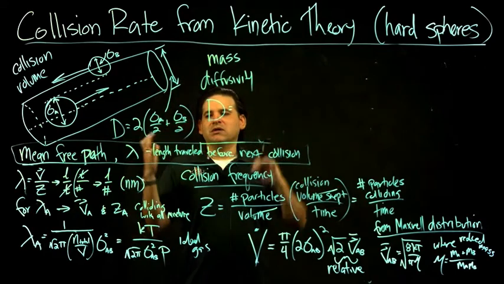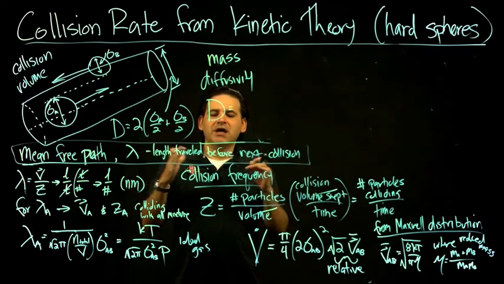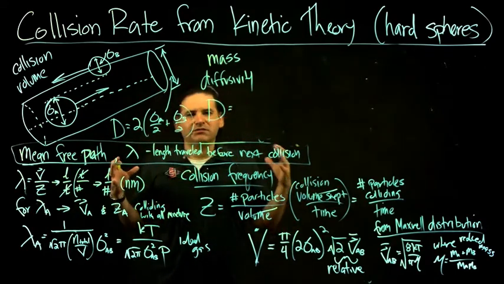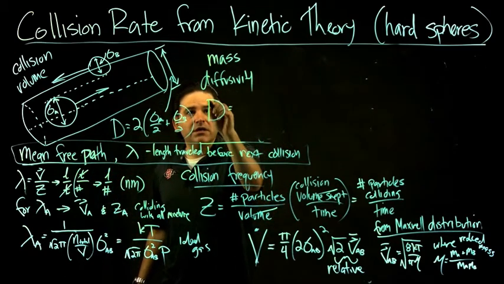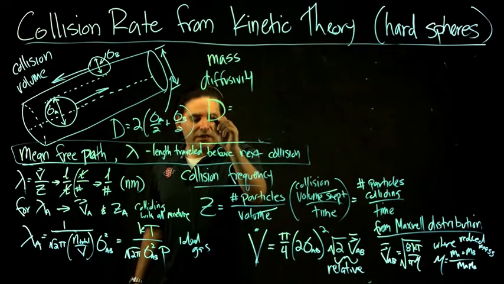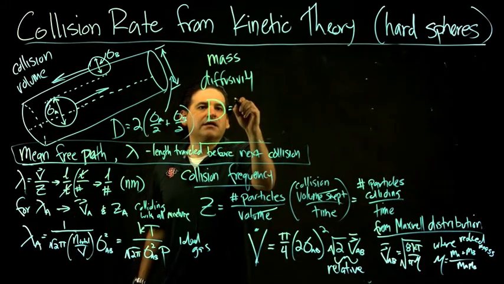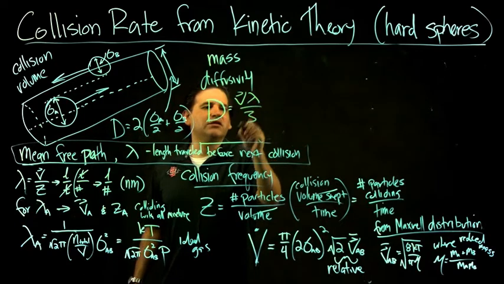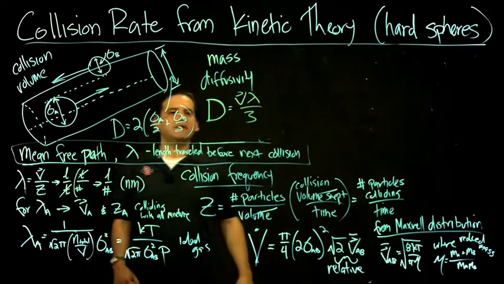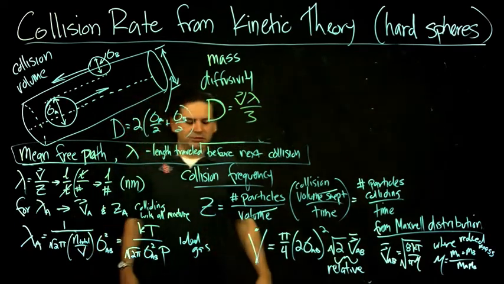The particles will still collide, but over time they will even out in space. And the rate that occurs is quantified by the diffusivity. And from kinetic theory, you can relate that to the mean free path and the velocity of the specific species you're looking at.